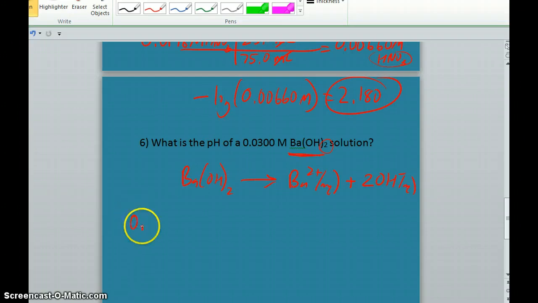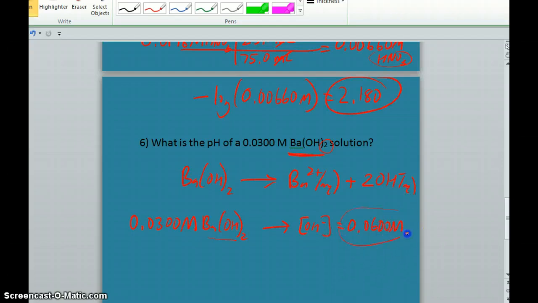Because, first of all, if I'm given a base, 0.0300 molar barium hydroxide, I'm not going to think pH, I'm going to think pOH, because it's these hydroxide ions that are in barium hydroxide solution. But since this will completely dissociate and give me twice as many hydroxides as formula units, the actual hydroxide concentration in this solution isn't going to be 0.03, it's going to be 0.0600 molar hydroxide.